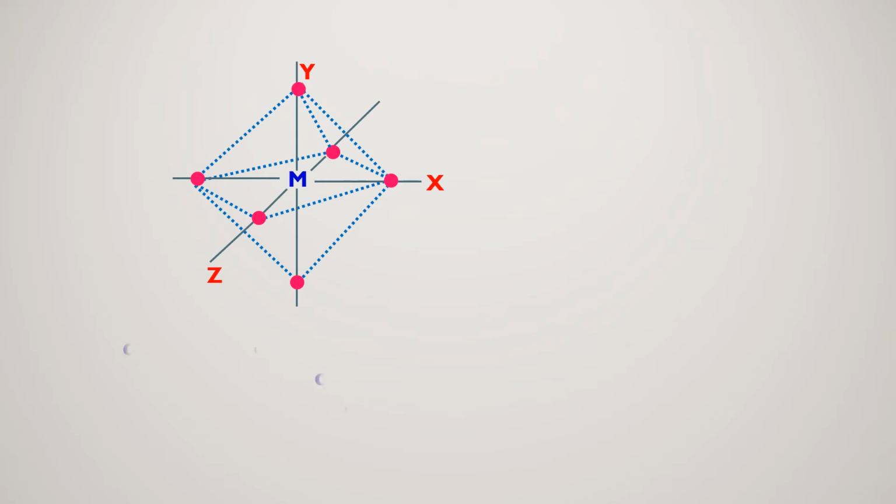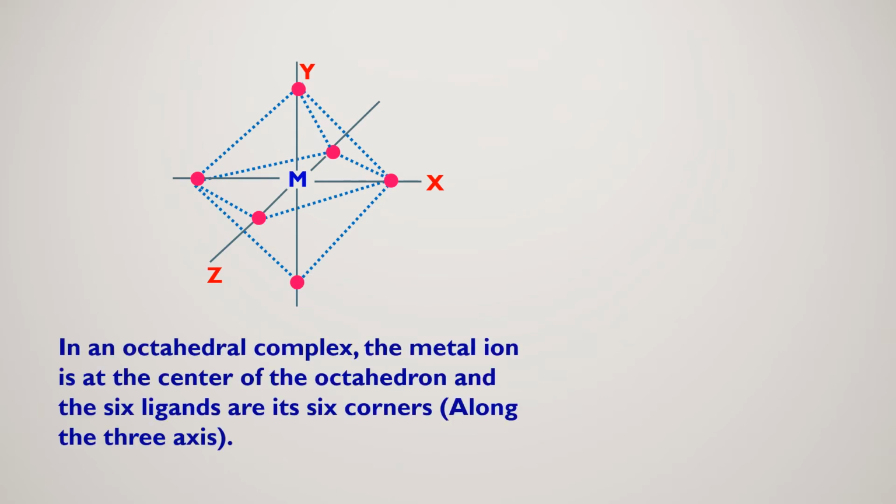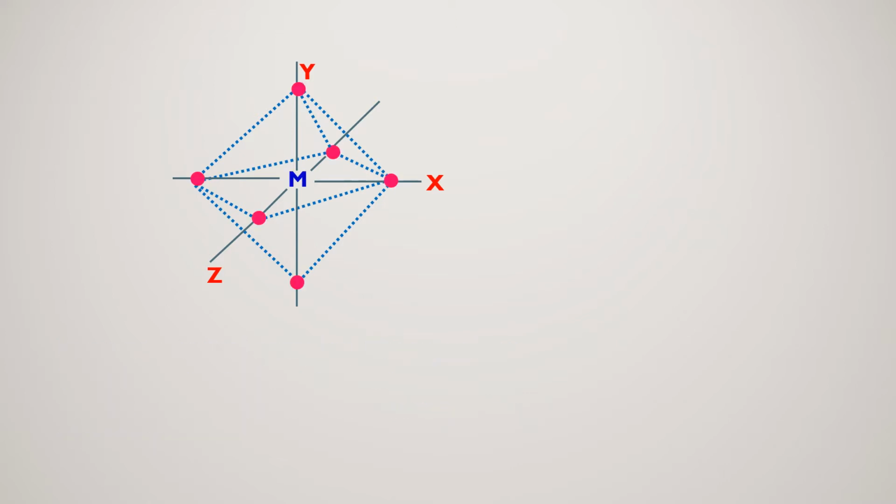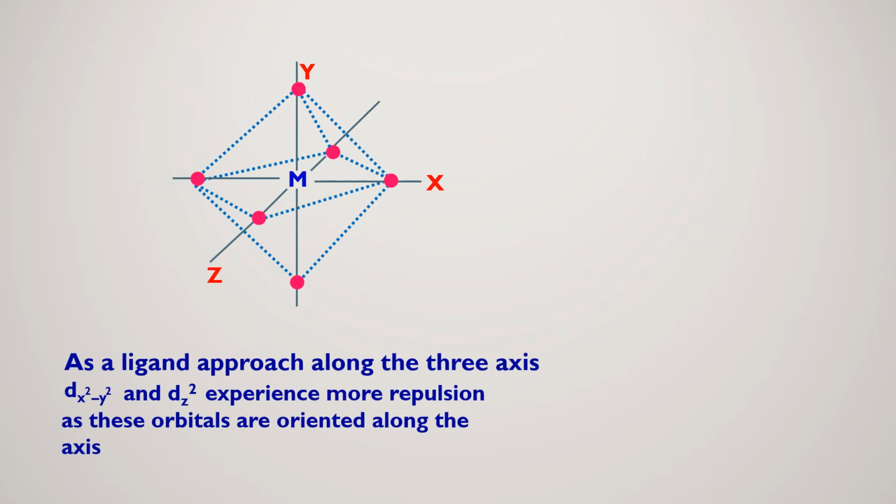Now see, in an octahedral complex, the metal ion is at the center of the octahedron and the 6 ligands are at its 6 corners, that is, along the 3 axes: x-axis, y-axis and z-axis. You can see the ligands there. Now what happens as the ligands approach along the 3 axes x, y, z?